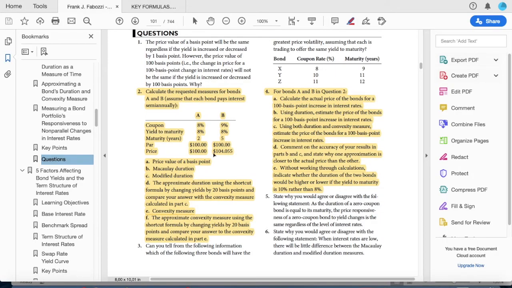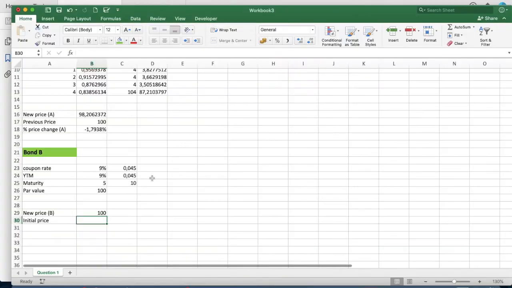of B was 104.055. Then the percentage price change for B is equal to the new price minus the initial price, divided by the initial price, and then we transform it into percentages.